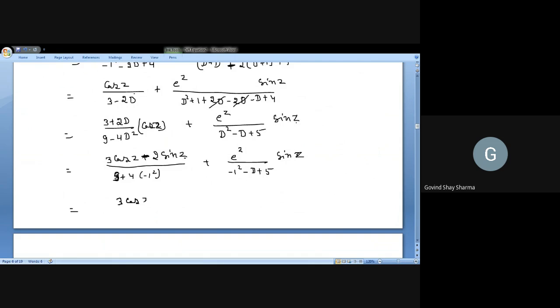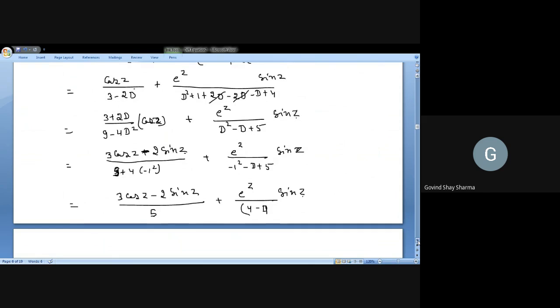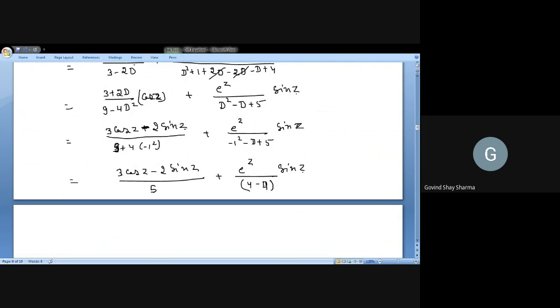So this becomes 3 cos z minus 2 sin z upon 13, plus e to power z upon 4 minus D square.